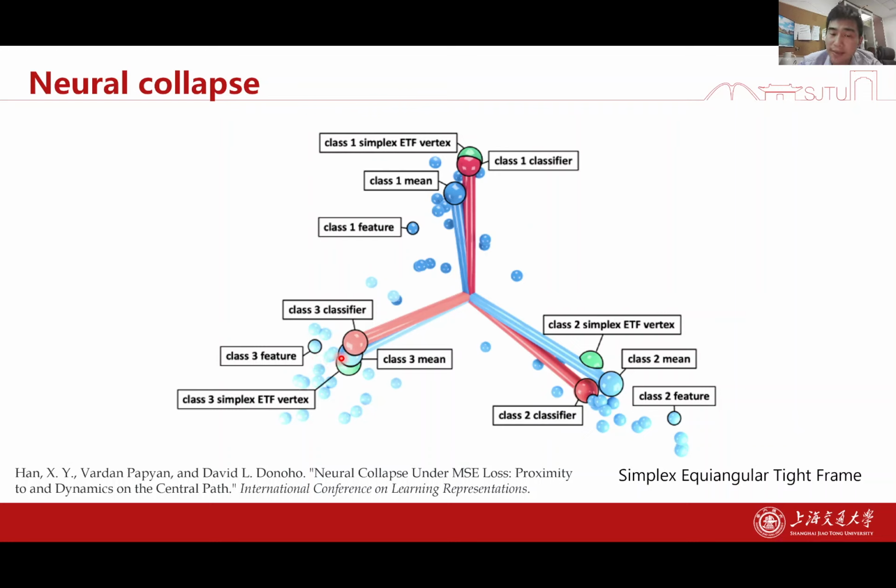We can see that they are very close to this red structure, and this red structure is called a simplex equiangular tight frame.